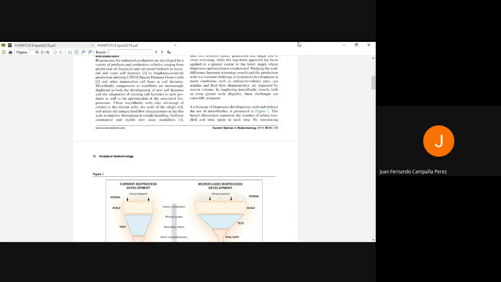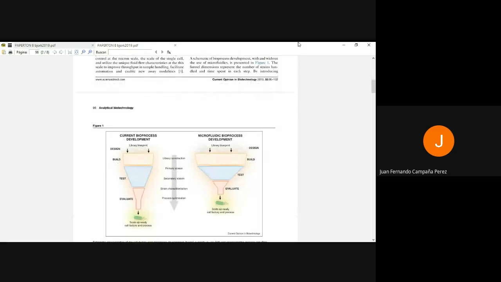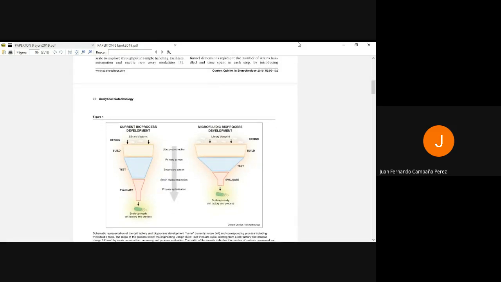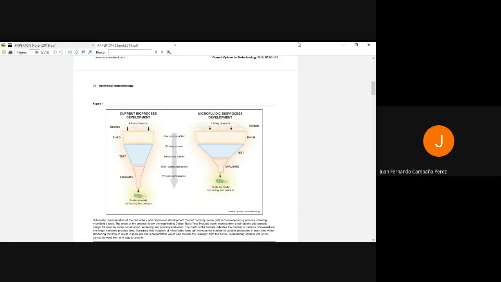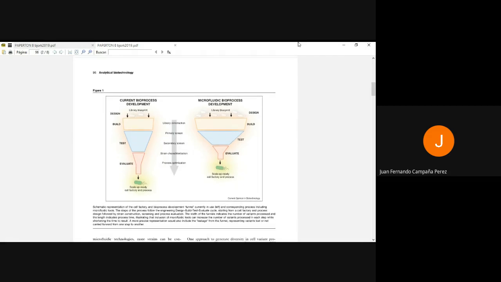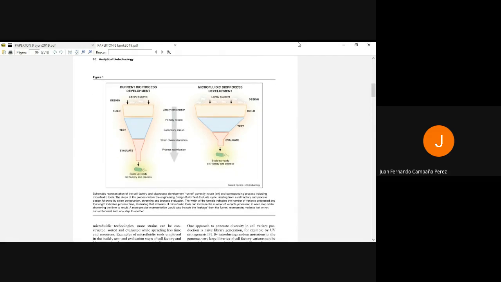You can see a schematic process of this development with and without the use of microfluidics. So by introducing the microfluidic technologies, more strains can be constructed, sorted, and evaluated while spending less time and resources.